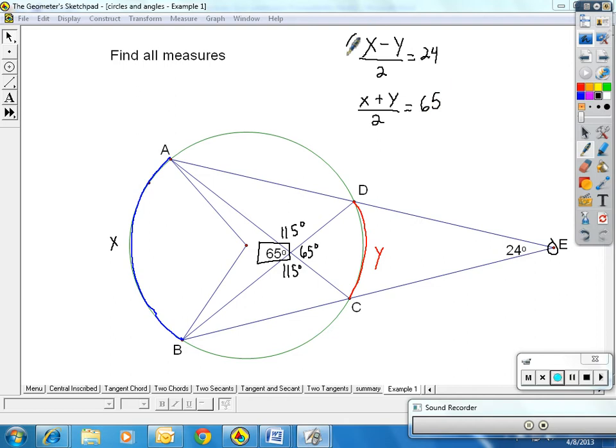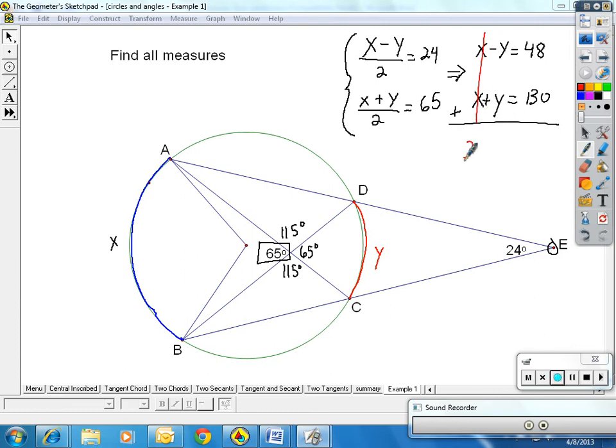And now we have a system that we can solve. To write this a little bit more simply, I've got X minus Y, I'm going to multiply by 2, equals 48. And on bottom, I've got X plus Y equals 130. Linear combination makes a lot of sense for this one.